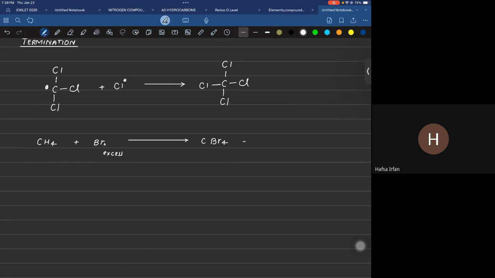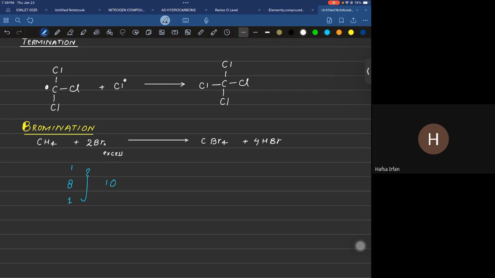CBr4 would be formed, leaving behind HBr. I'm going to balance this equation. This reaction is called bromination. How many steps would you see in this? Obviously, one initiation step, 8 propagation steps, and 1 termination step. So the total steps are 10.